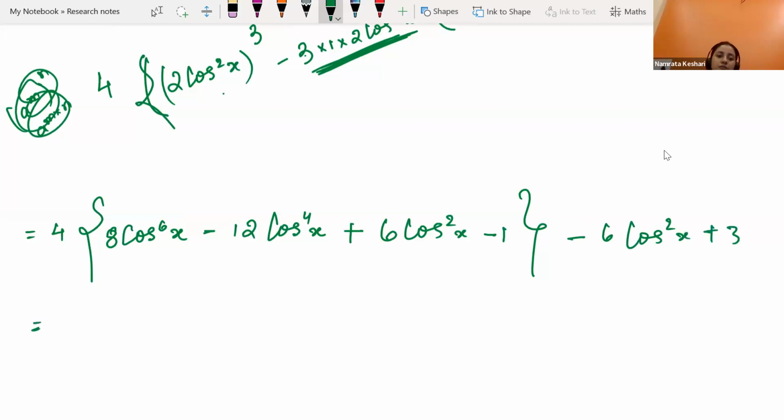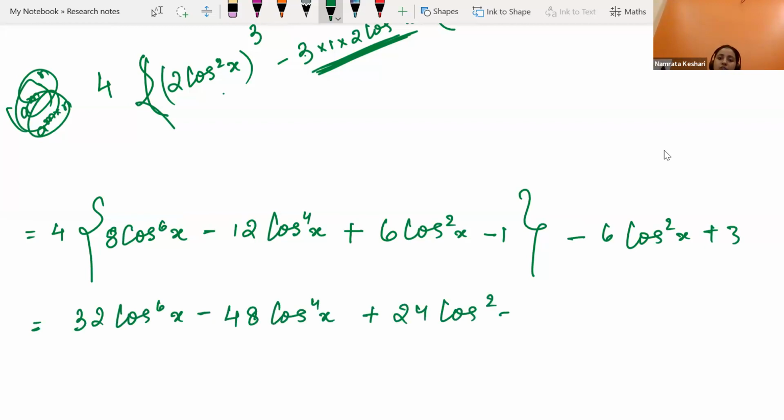Let's open the bracket, because there is a 4 outside, which is just with this curly bracket. That's why I'm opening the bracket first. 6 times 4 is 24 cos square x, minus 4, minus 6 cos square x plus 3.